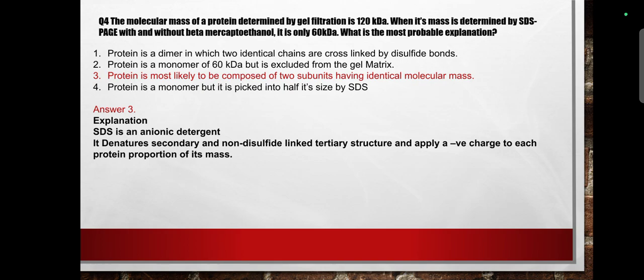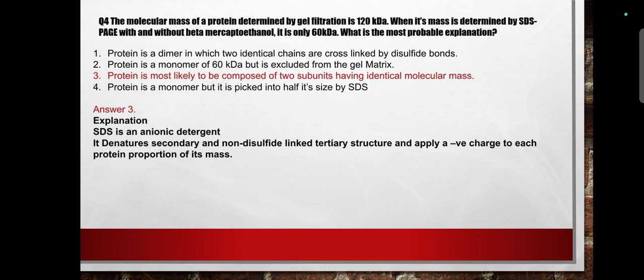First option is the protein is a dimer in which two identical chains are cross-linked by disulfide bonds. This is not true. Why? For one condition it may be true: we have used beta-mercaptoethanol, so the disulfide bonds are broken and we got a single band of 60 kilodalton.